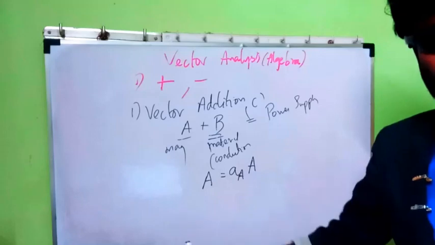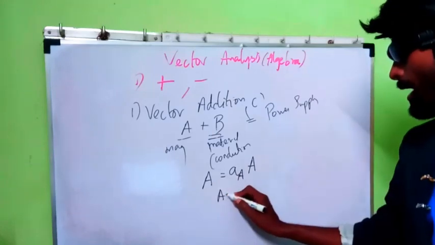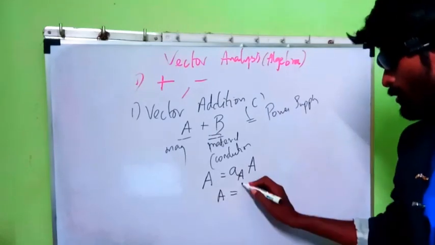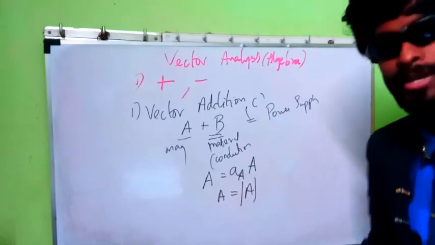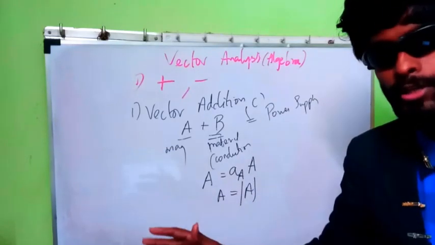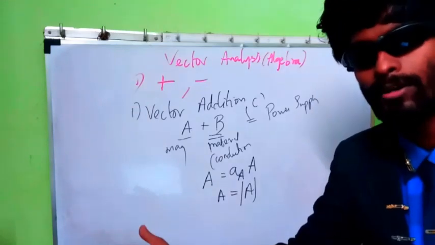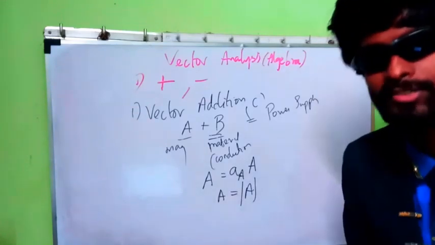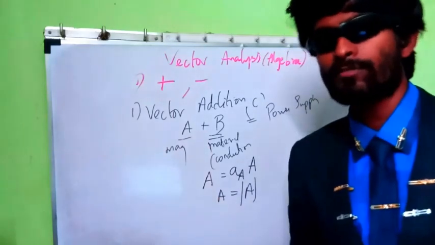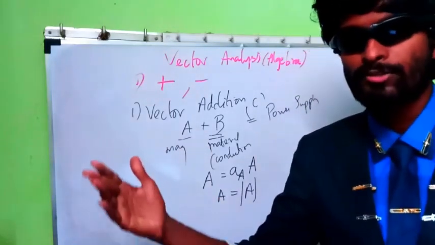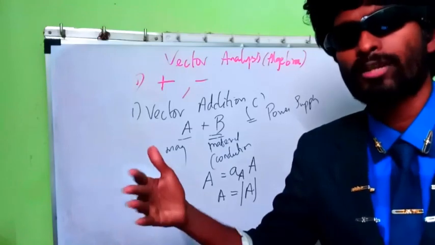And the same way, this A should also be equal to modulus of A, because we don't want to move the electrons away from the product. Is it right? Because we require electricity, we require power. That means we want the electrons to get attracted with a magnet.